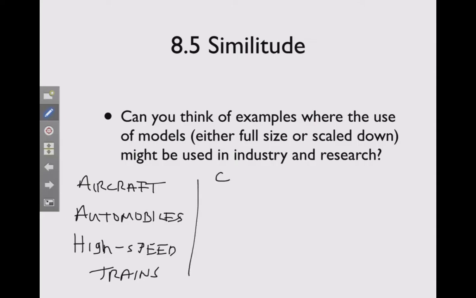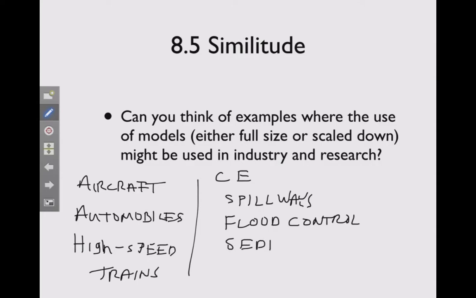In civil engineering, we might have flow and spillways for dam operations or dam design, river models for flood control using flumes, where we just set up a river at a small scale with a particular channel and look at that. We can also, in those sorts of studies, look at sediment transport.